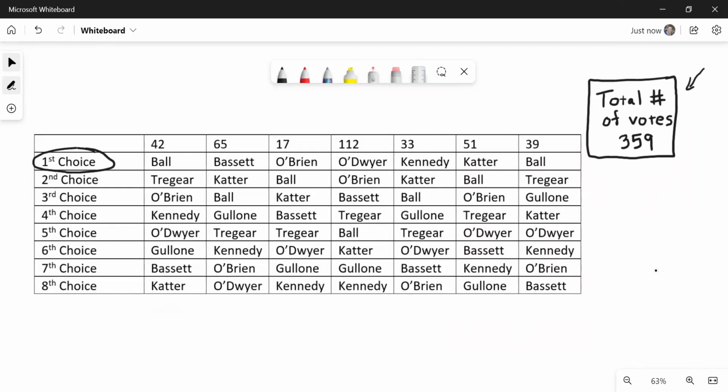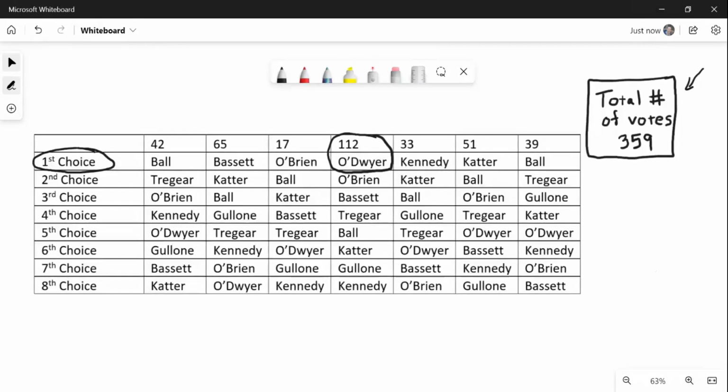Now, it's really easy just to say, oh, okay, well, I think it's O'Dwyer because that's the largest number I see. O'Dwyer has 112. And O'Dwyer is our plurality winner, but we have to be a little careful. You have to look across the whole line to see if a candidate might appear more than once. And in fact, yes, Ball gets 42 votes here, but at the very last column, Ball also gets 39 first place votes.